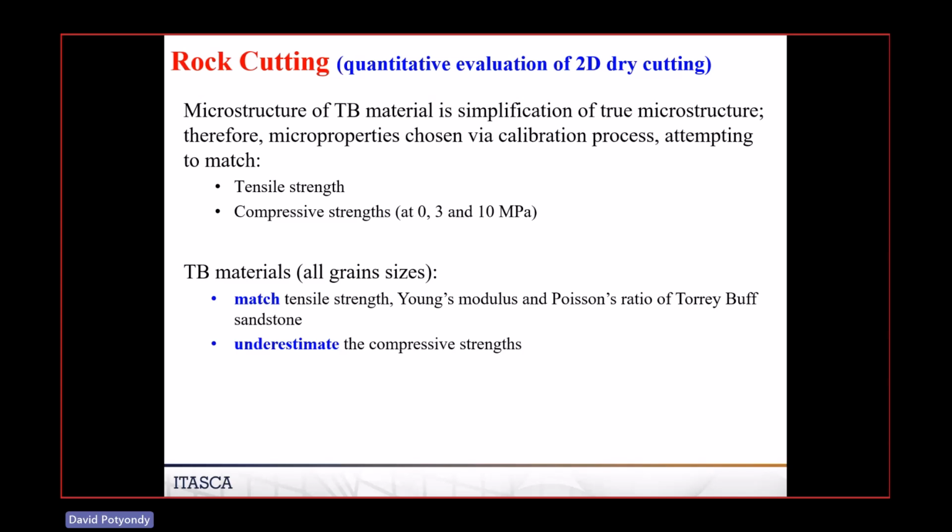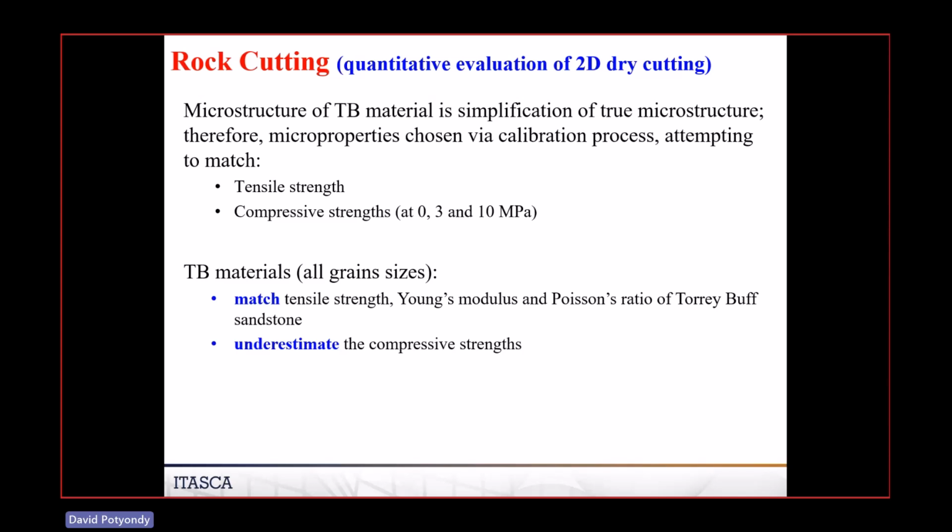And no one could do it. And eventually we figured out why. And then we built a new contact model, which we call a flat joint contact model. And with that contact model, we can match the tensile and compressive strengths. And that's all that I want to say at this point, because we're going to talk much more about that later, okay? But at the time of this work, we didn't have that.